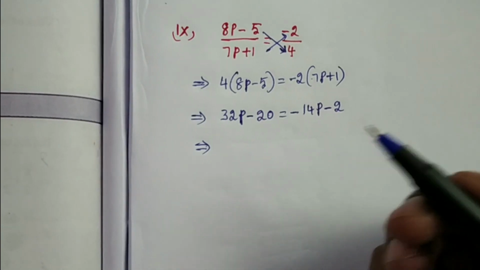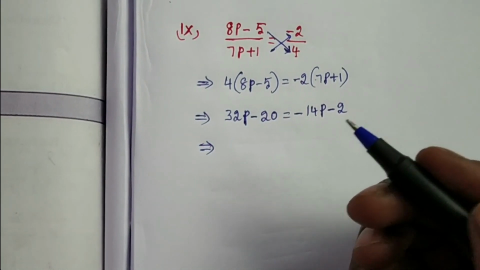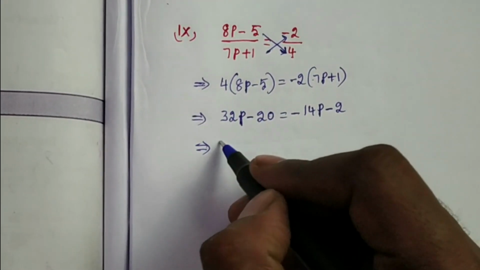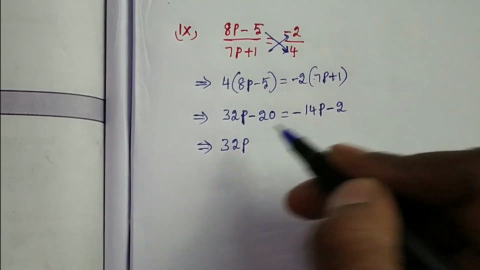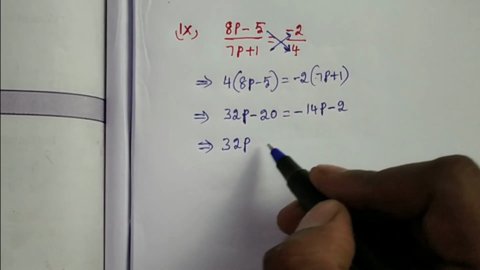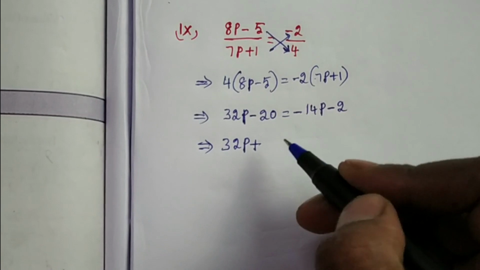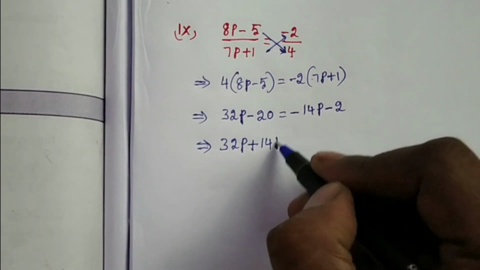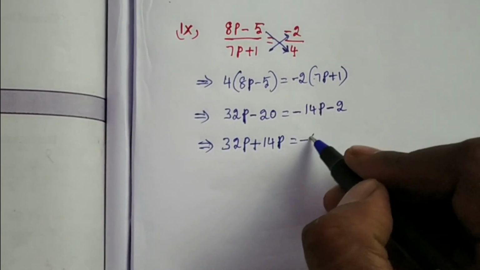Send p terms one side, numerical terms one side. 32p is already there, 32p plus minus 14p means send this side, then it will be plus 14p is equal to minus 2.